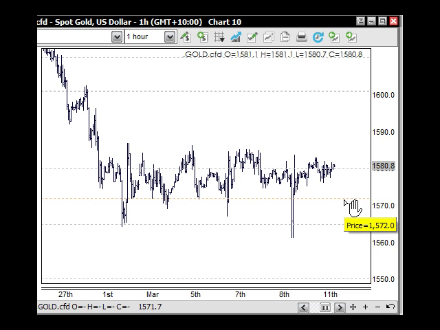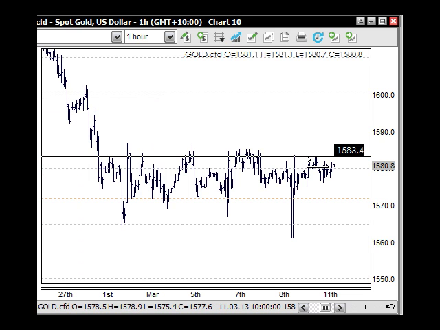In fact, while it's got support on the 1580, that is a positive. So a break above this little high here, that's the 1583. If you've got retested support on 1583, you could probably go long off that.